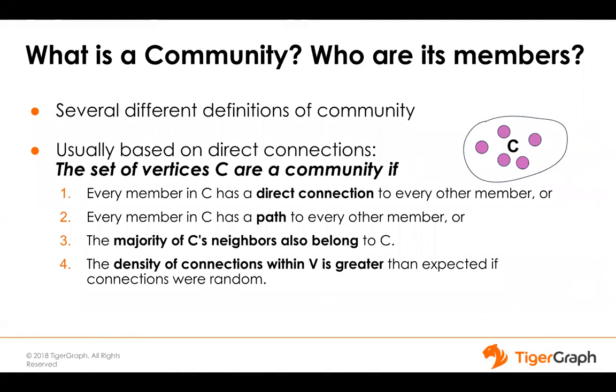And lastly, we take a variation of that: if edges were distributed randomly, so you had sort of uniform density, a community is a variation. It's taking away from that average density and redirecting it towards within your group. So the density of connections within your group is just greater than it would be if connections were random.